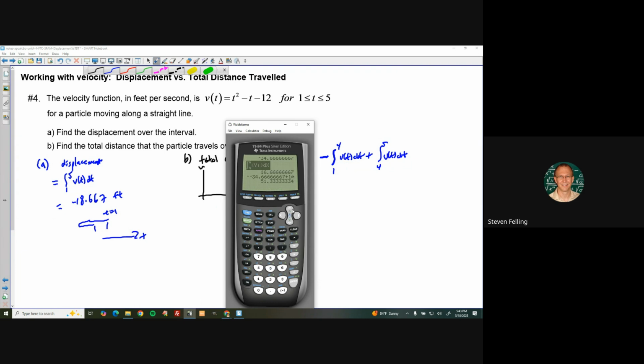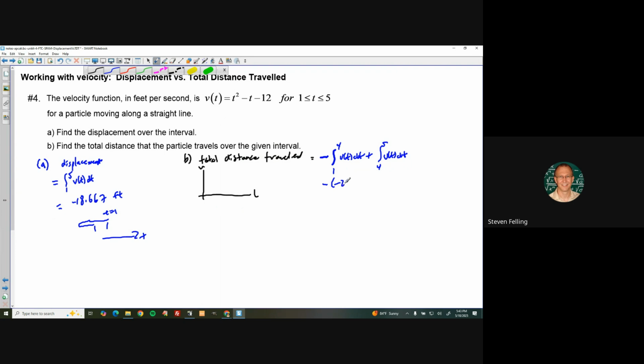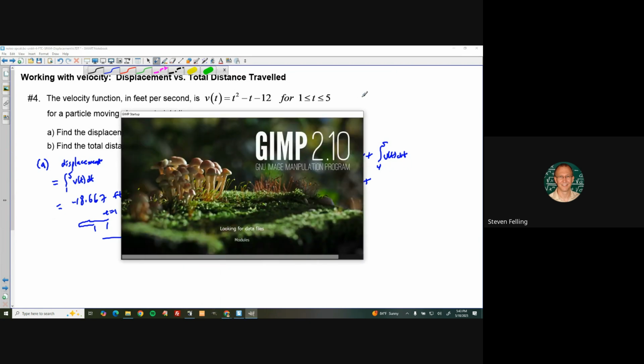We'll take the same function, but we're taking from 1 to 4. This is the negative part. That gives me negative 22.5. So negative of negative 22.5 plus positive is just the integral from 4 to 5.